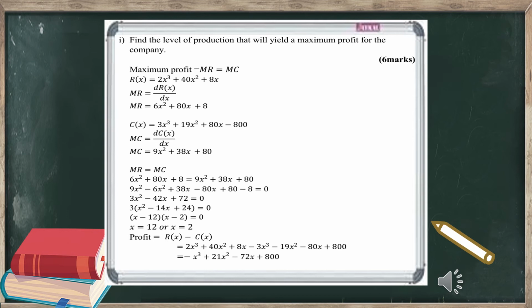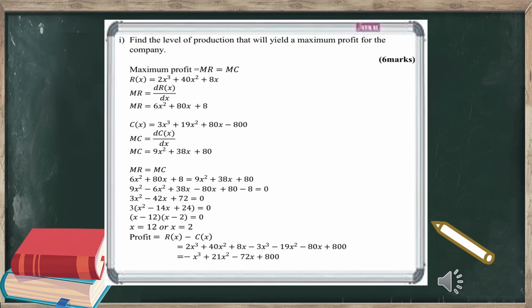So marginal revenue equal to marginal cost is 6x squared plus 80x plus 8 equal to 9x squared plus 38x plus 80. So we move marginal revenue to the right, and then we got 9x squared minus 6x squared plus 38x minus 80x plus 80 minus 8 equal to 0.